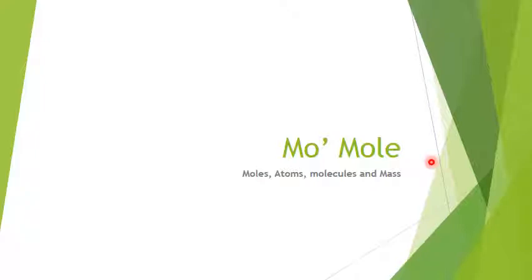Okay, so now what we're going to do is start to actually apply the concept of mole to chemistry. There's going to be lots of stuff here. First of all, we're going to go over atoms, molecules, and moles, and the relationship between those and mass.